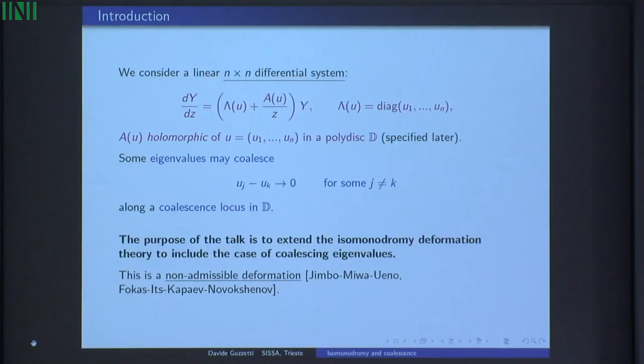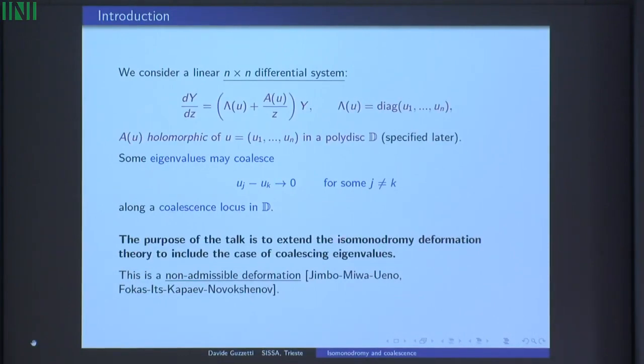What we are interested in is the case when some eigenvalues merge inside the polydisk. Inside this polydisk D, there will be what I call a coalescence locus, namely a locus where eigenvalues coalesce.